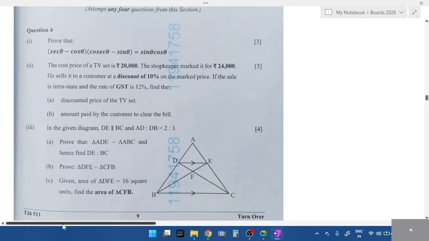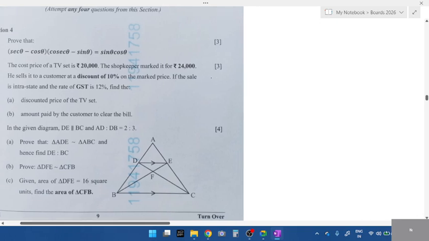Here. See, such a simple question. What is given? 3 marks. The cost price of a TV is how much, students? 20,000. This is the reason I explained what is cost price and mark price, and how much did the shopkeeper mark.